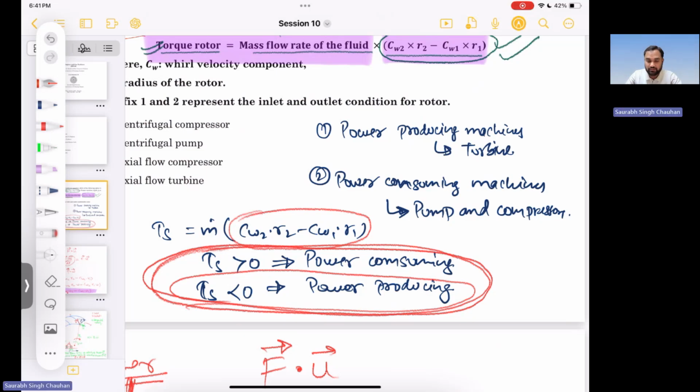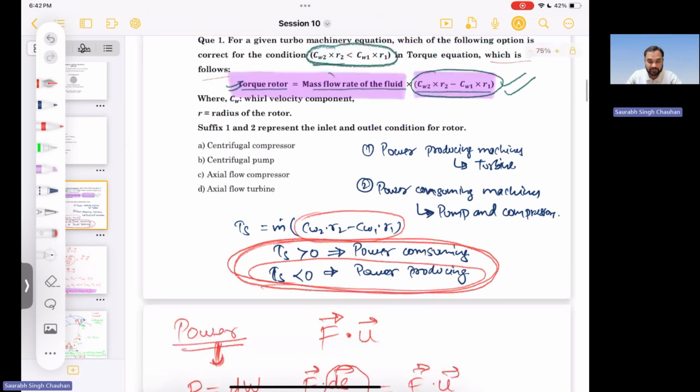And if it is negative, then your machine is work producing, and work producing machines are turbines. Anyways, I think now the terminology is clear. And how we make these velocity vectors is clear. So if it is clear, we can move forward.